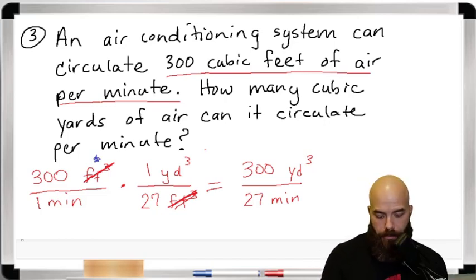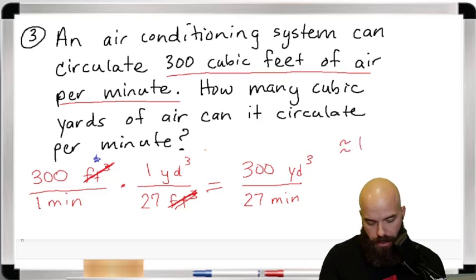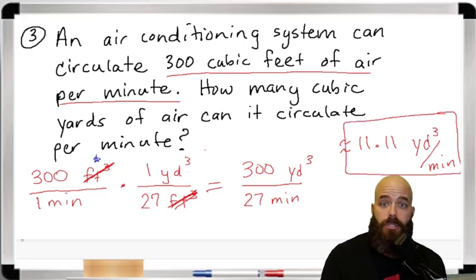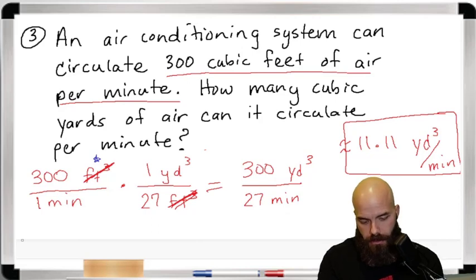So this is approximately 11.11 cubic yards per minute. And there we go. Now, whenever you're doing these problems, make sure you read carefully with how the problem may ask you to round. In this problem, I'm assuming it's going to ask me to round to 2 decimal places.